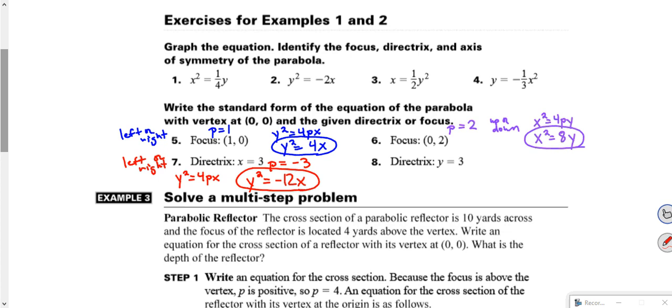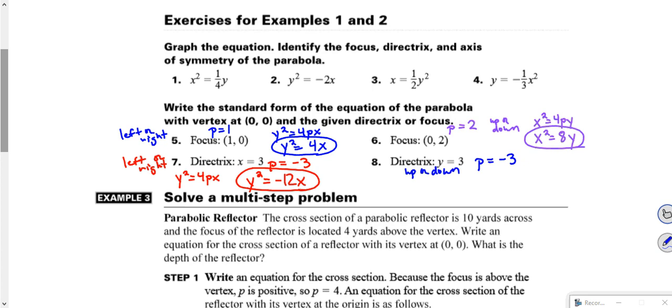Now directrix, y equals 3. Again, y equals 3 is horizontal. So first of all, let me say that that means my p is negative 3 again. But this is up or down.